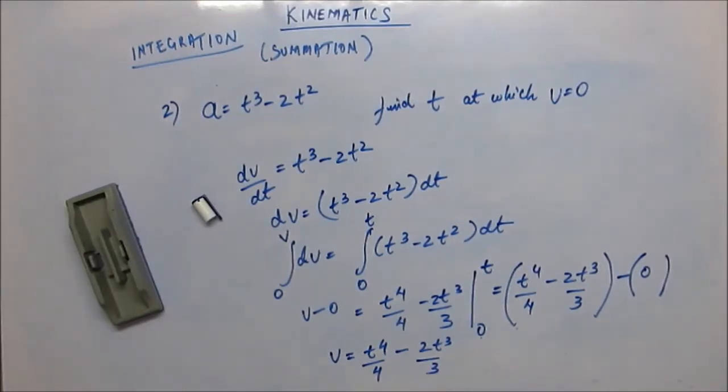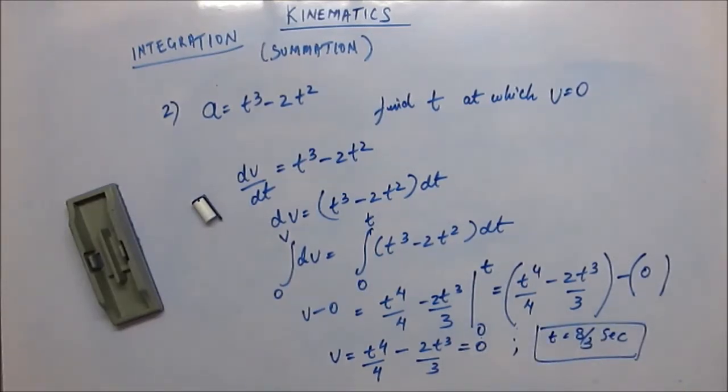Now they were asking when velocity is 0. So just put this as 0. You will get t is equal to 8 by 3. At 8 by 3 seconds, velocity is 0.